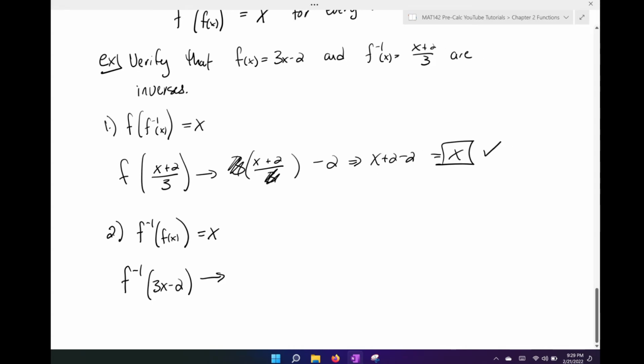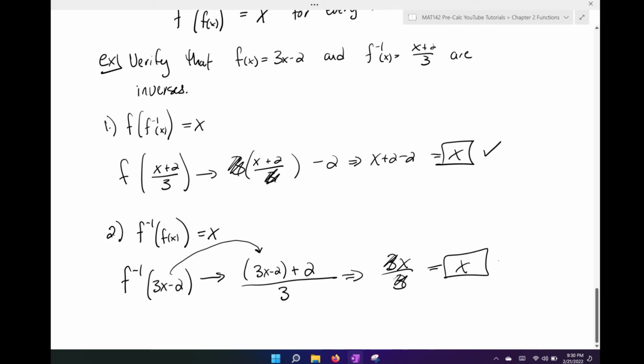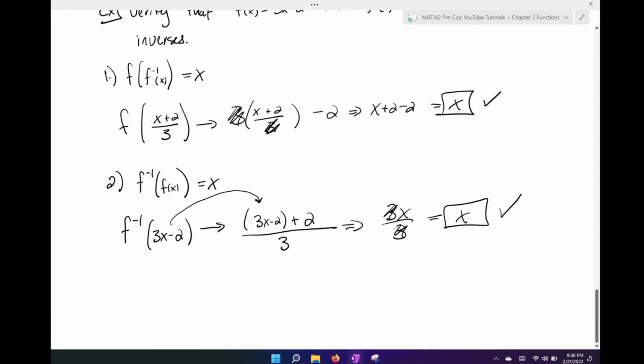So we know the inverse is going to be, I'm going to put parentheses up top in the numerator, plus 2 over 3. Now, let's make our substitution. So we get (3x minus 2), and then we simplify. 3x minus 2 plus 2 is going to be 3x over 3. The 3's reduce. So we get x again. And that's exactly what we wanted. So we can write a little statement.